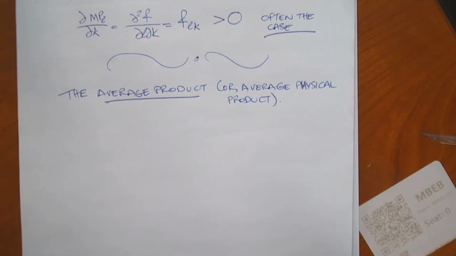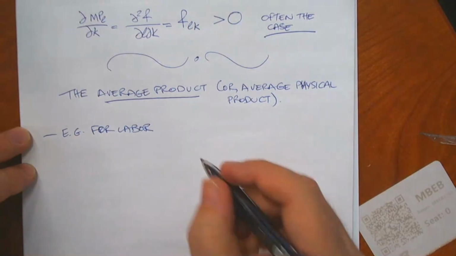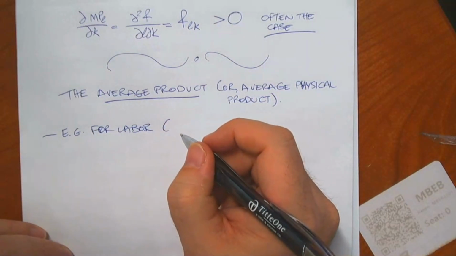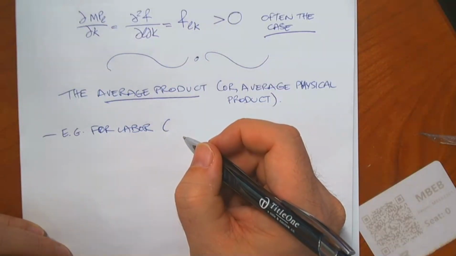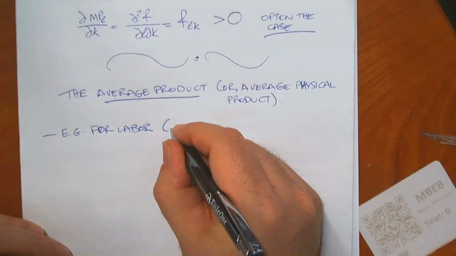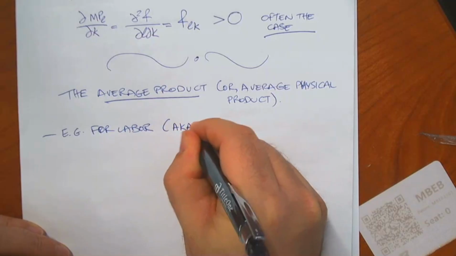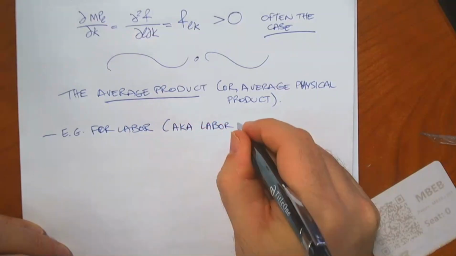In this case, if we are thinking about the average product for labor, we're going to take the product, Q, and divide it by the labor. So how many units per worker, generally. For labor, this is also what people refer to as labor productivity.